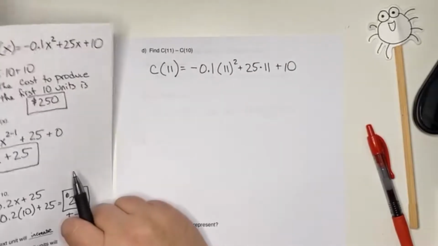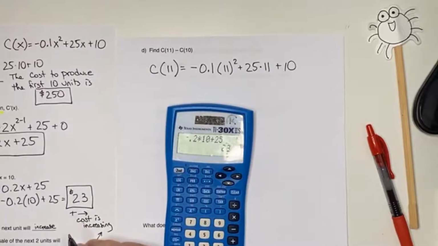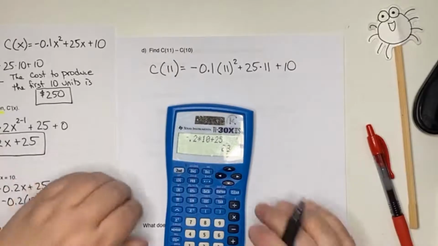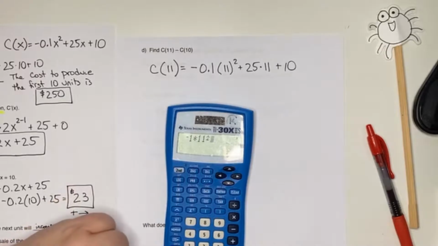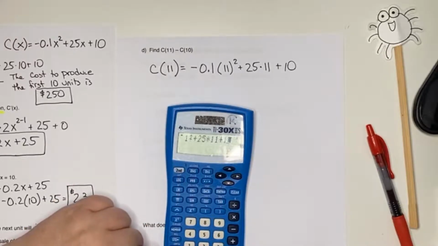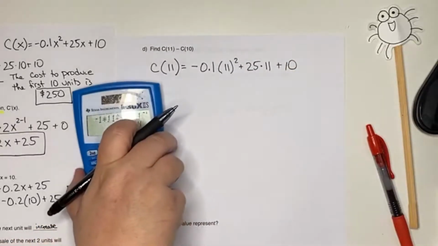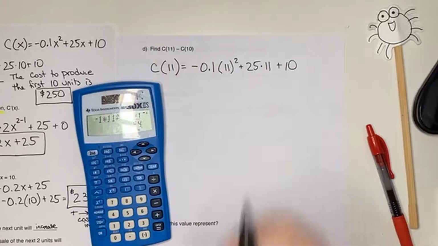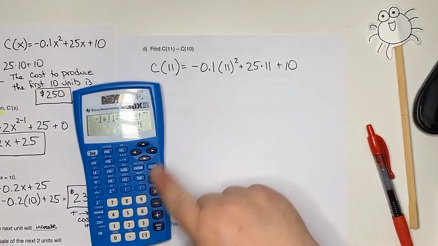Okay, so this is going to be negative 0.1 times 11 squared plus 25 times 11 plus 10 gives me, did I do that correctly?